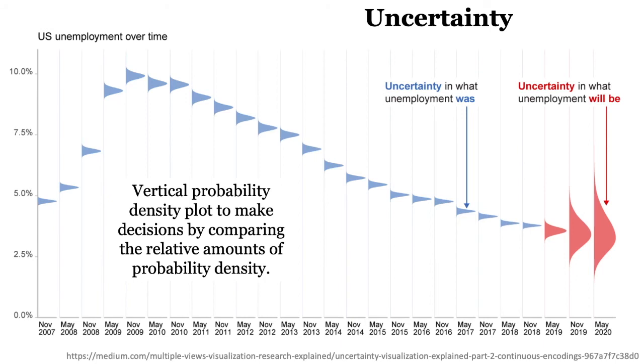What's represented in blue is what happened in the past, and we don't have perfect information. We have some measurements, and from these measurements we can generate some probability, but it's a rather narrow distribution. That is, we're rather certain about what unemployment used to be for the most part. Then we can project based on what we know from the past.